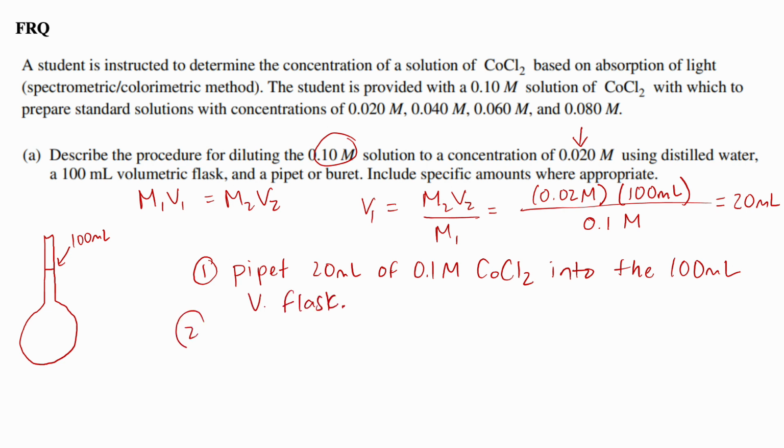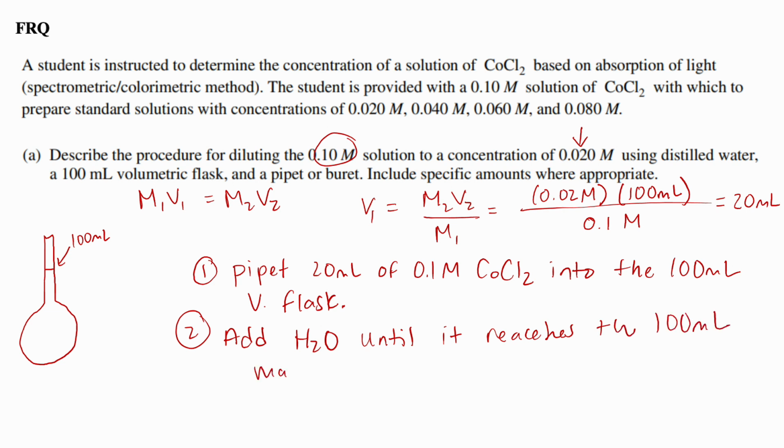Then your next step is going to be add your H2O or your distilled water until it reaches the 100 milliliter mark. Then you would write to stopper the flask and mix.